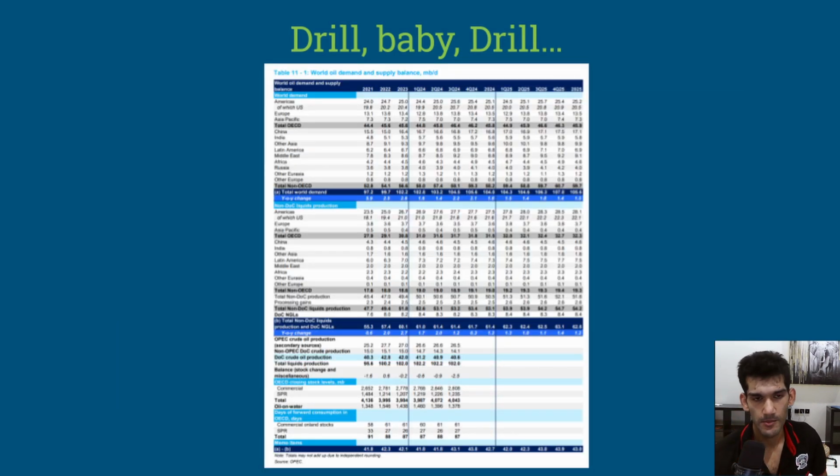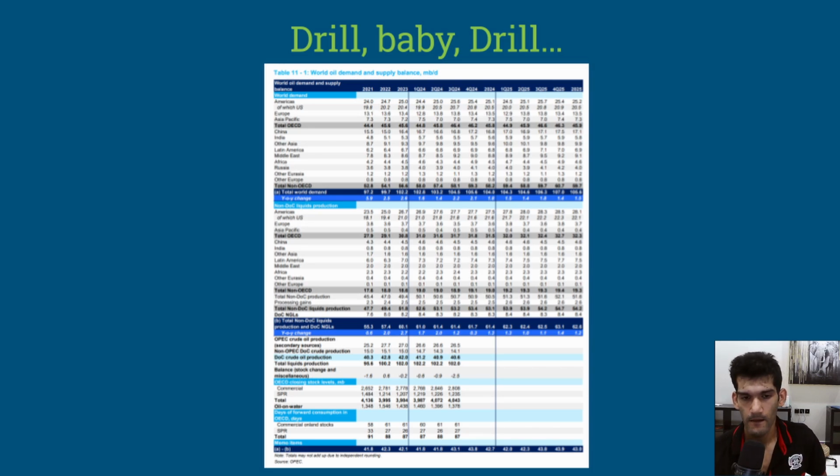Just to put things in perspective, as of Q3 2024, these numbers are from OPEC. This is basically the total world demand versus the total world supply, including OPEC production and non-OPEC production. As at Q3 2024, we were at a deficit of 2.5 million barrels per day.